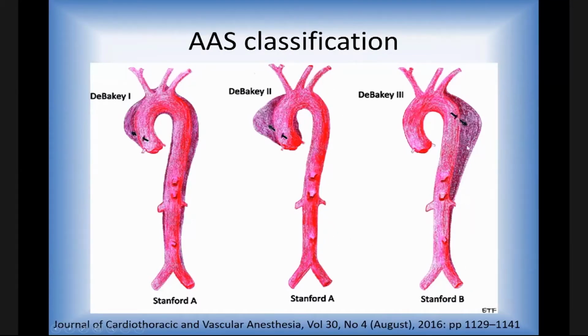But Stanford B is when the involvement is after the takeoff of the left subclavian artery and goes down. Here you can see there is a problem area. No one talks about aortic arch dissection here. So that's Stanford A. They left out the arch dissection.